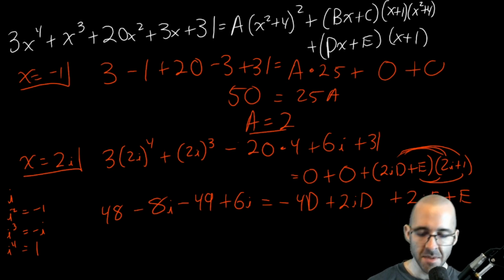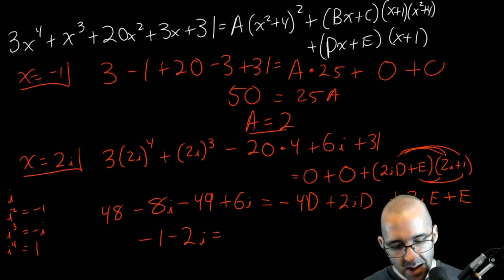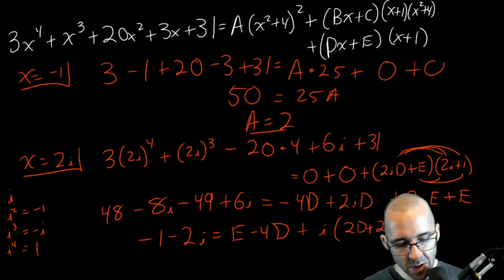Let's combine like terms and write them in a nice form. 48 minus 49 is negative 1. Minus 8i plus 6i is minus 2i. The right-hand side, let's write the real part first. e minus 4d. And then the imaginary part, i times 2d plus 2e.